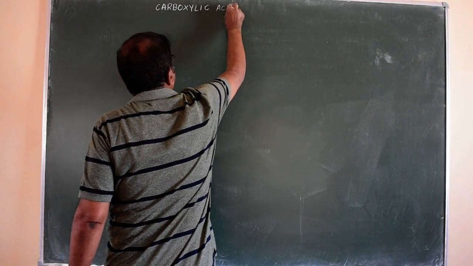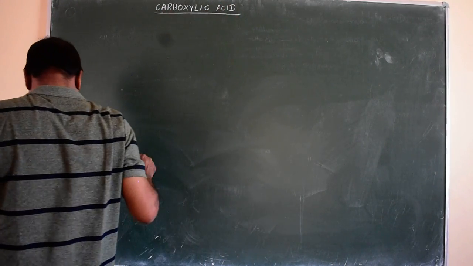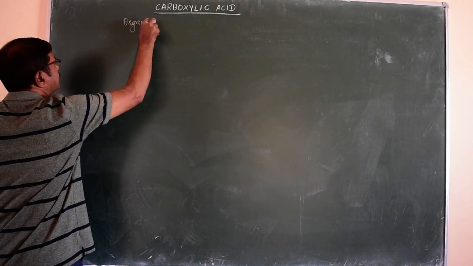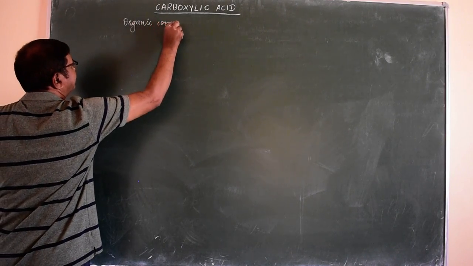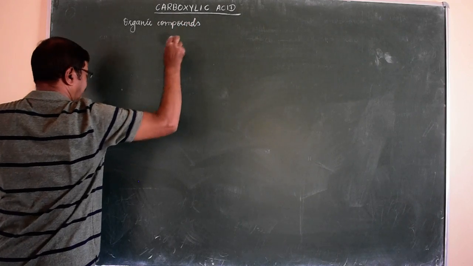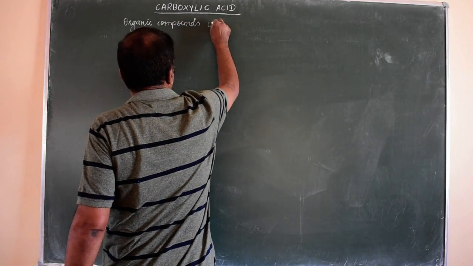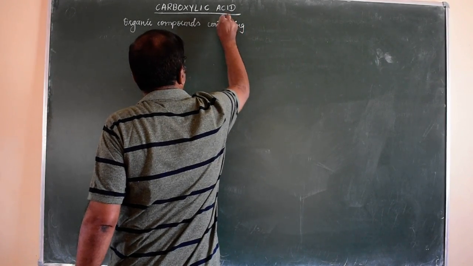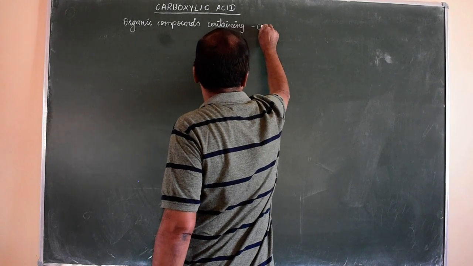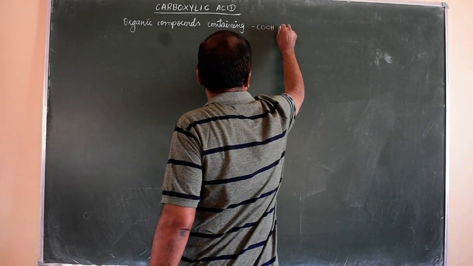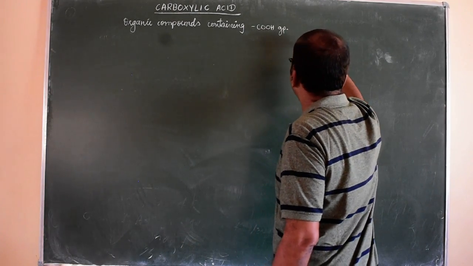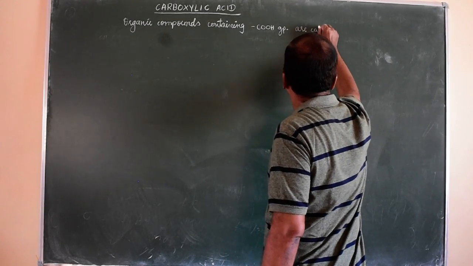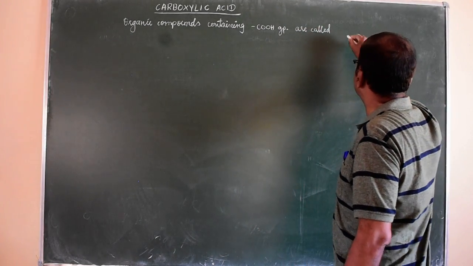So organic compounds containing the COOH group are called carboxylic acids.